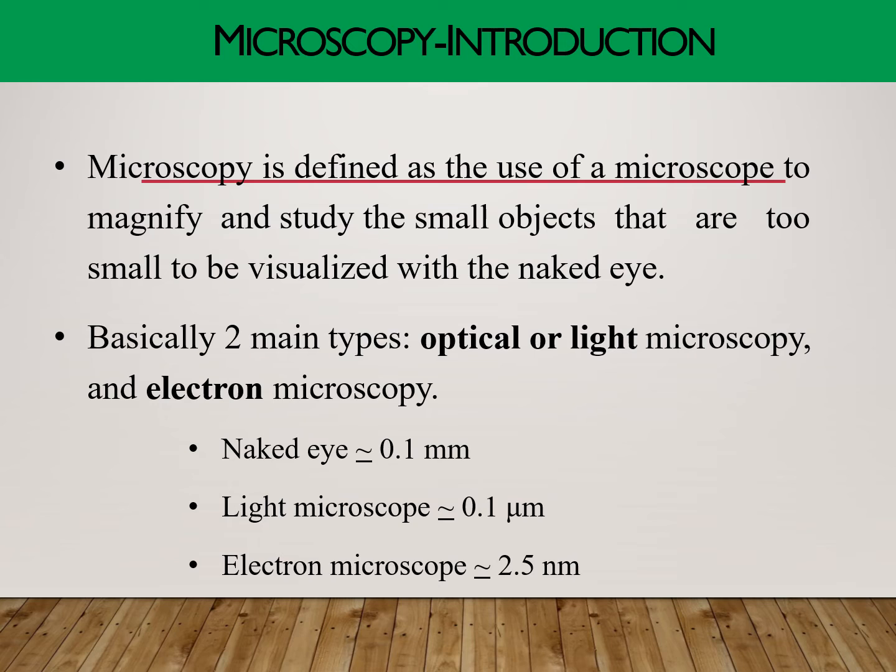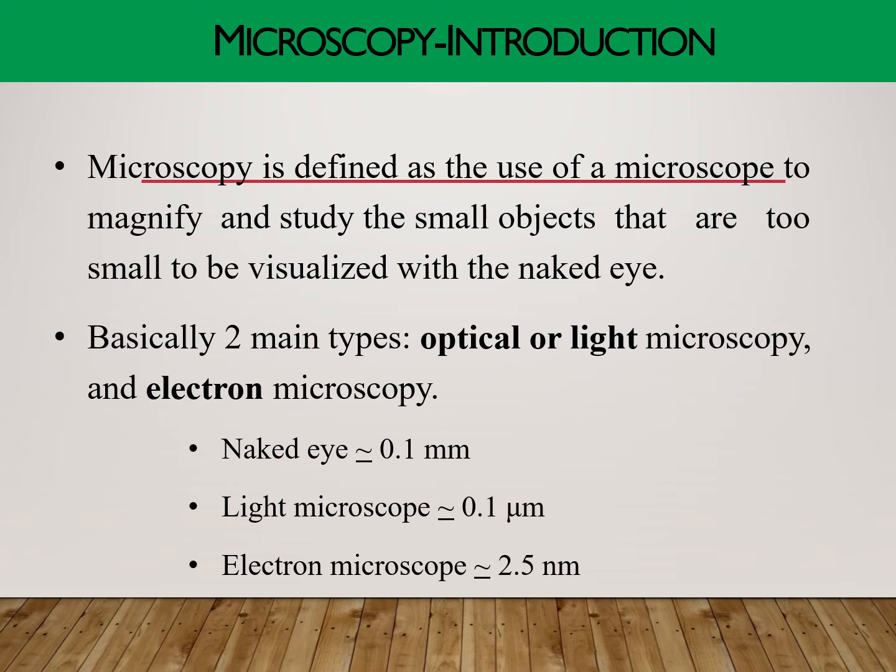There are two types of microscopy. First is optical or light microscopy and the other is electron microscopy. With our naked eye, the smallest thing we can see is about 0.1 millimeter in size. With a light microscope, we are able to see things of 0.1 micrometer, and with an electron microscope we are able to see areas that have a size of 2.5 nanometer.